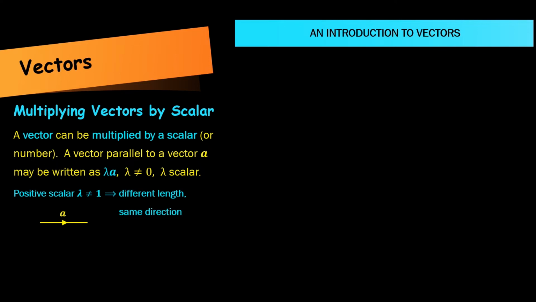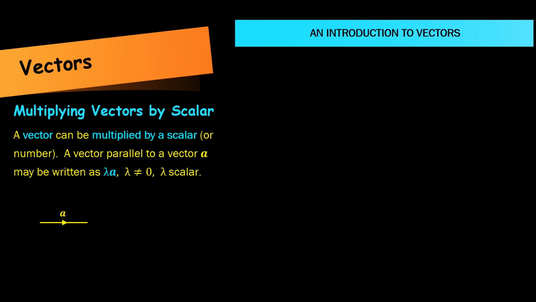Then we have a different length but the same direction. So here's 2A, double the length but the same direction. And here's half A, so half the length but the same direction again.